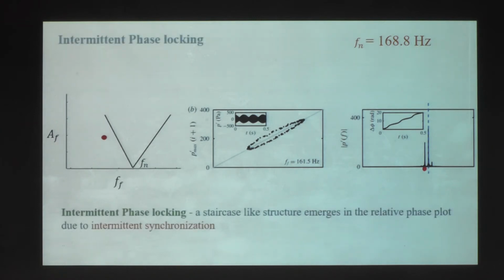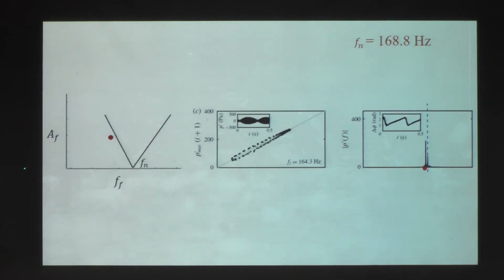If we go further close to the synchronization boundary, you can see a drastic change in the relative phase dynamics. Till the last case it was unbounded, even though it was partly synchronized, but now it becomes bounded, with an oscillatory nature, and that is what is known as phase trapping.